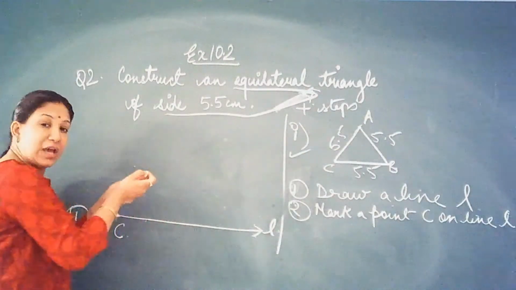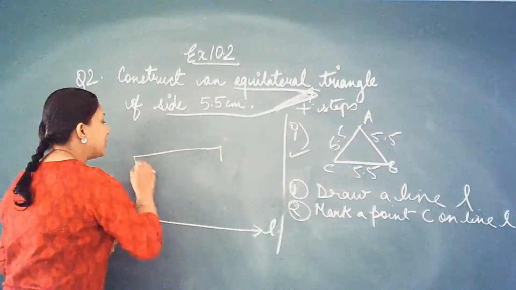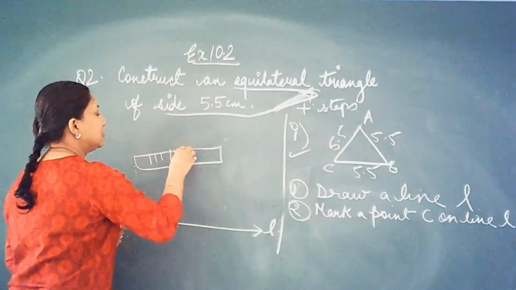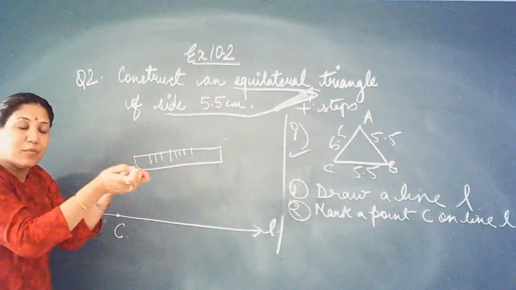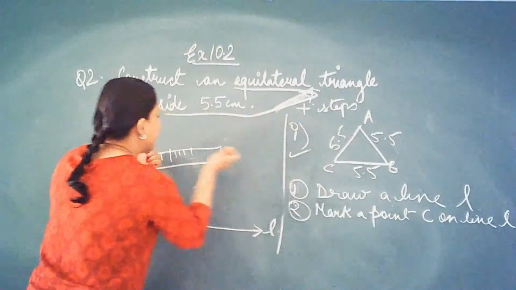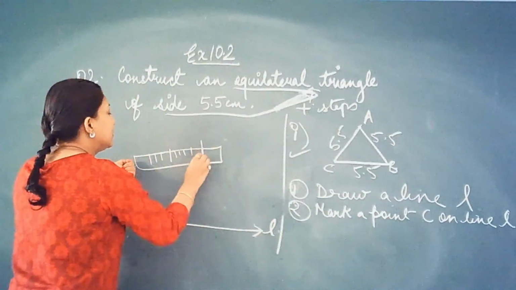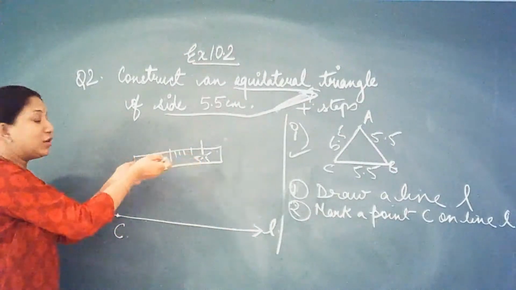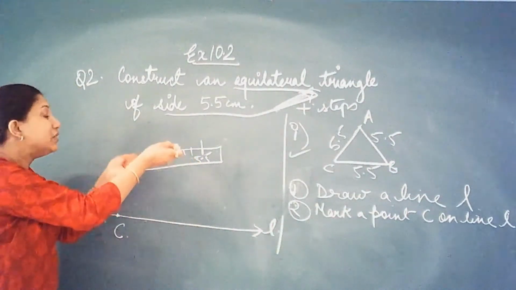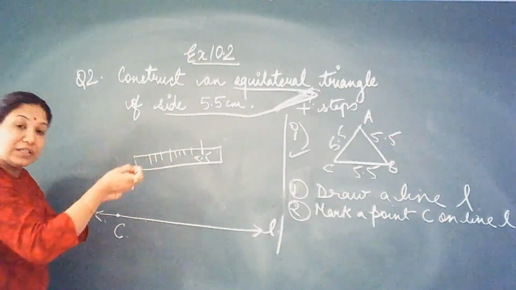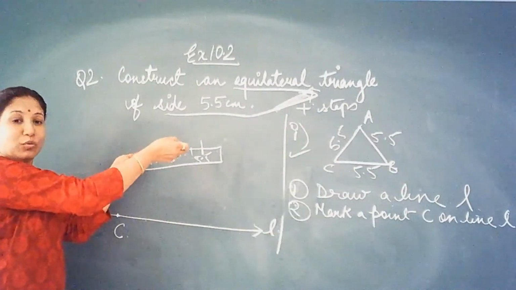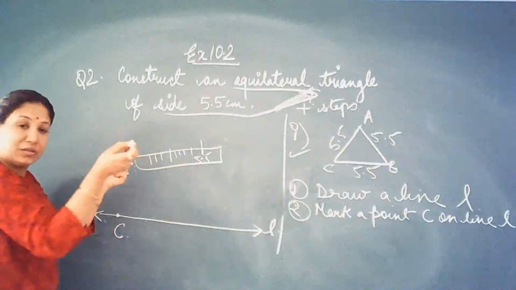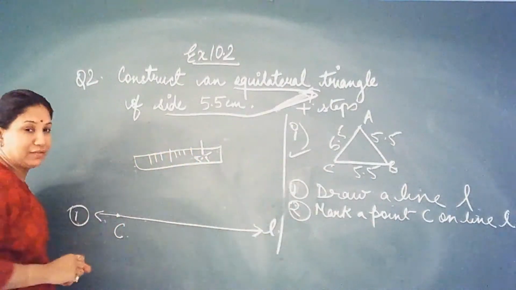Now after that, what will we do? We will take out a compass and place it over the ruler. How much do you have to extend the arm of the compass? So that it measures 5.5 centimeters. So adjust the compass, stretch the arms, place it over the ruler and measure the radius: 5.5.